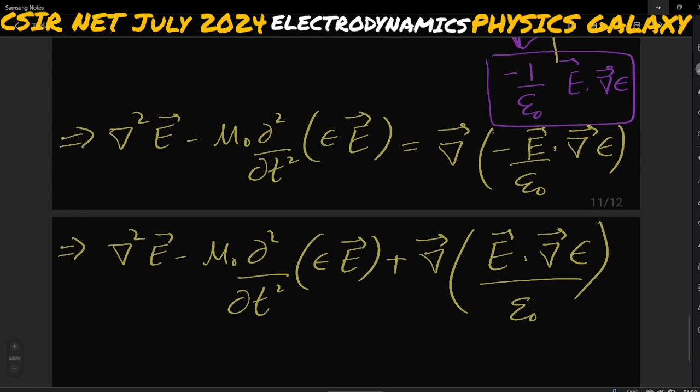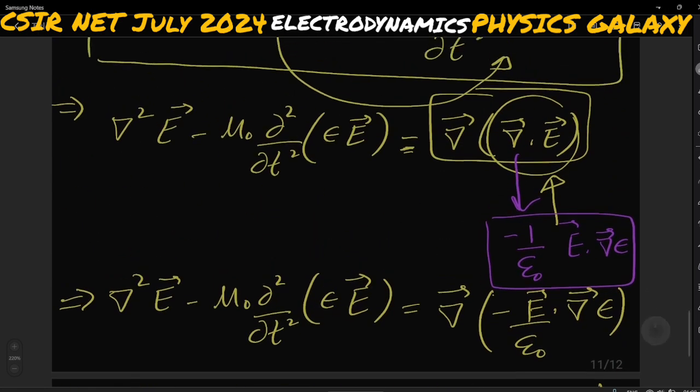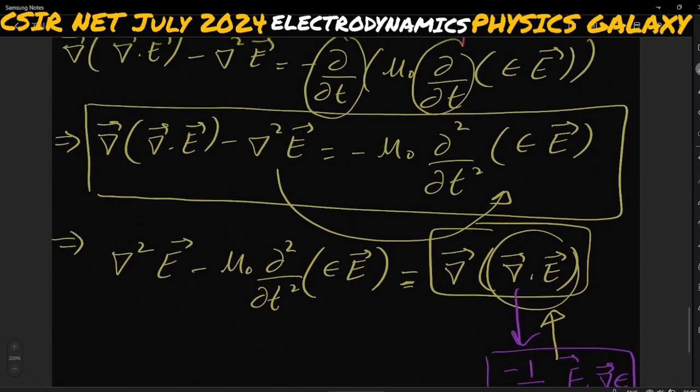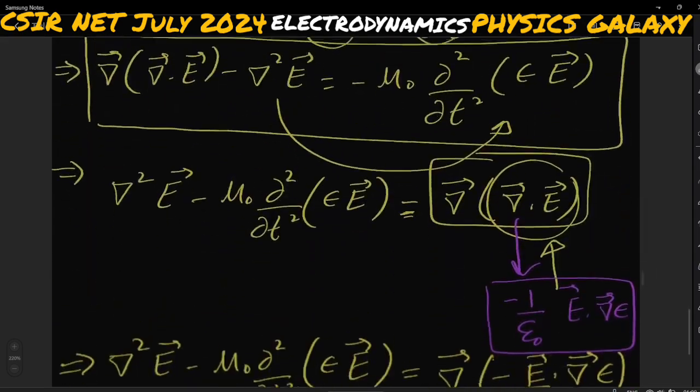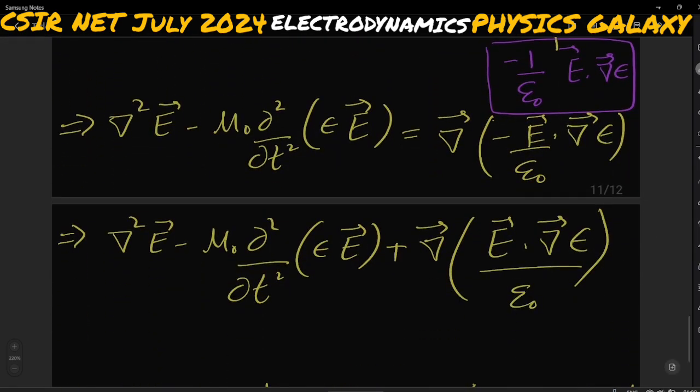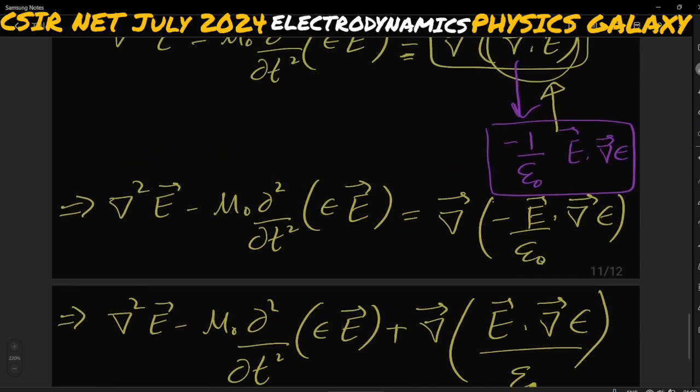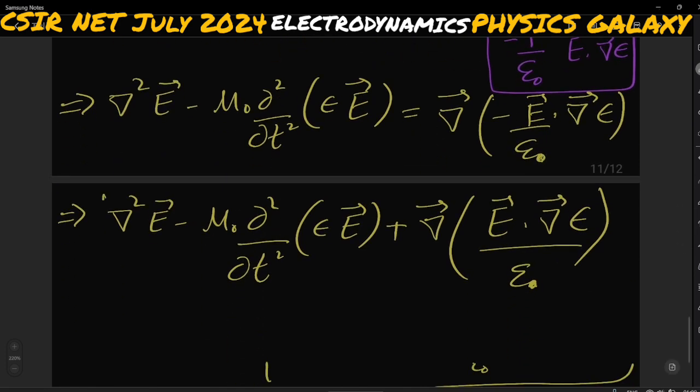Actually there was no epsilon naught anywhere. So this is the final equation that we got.